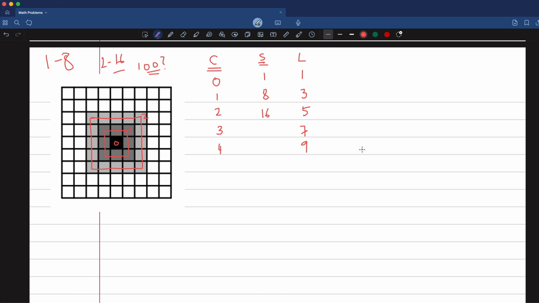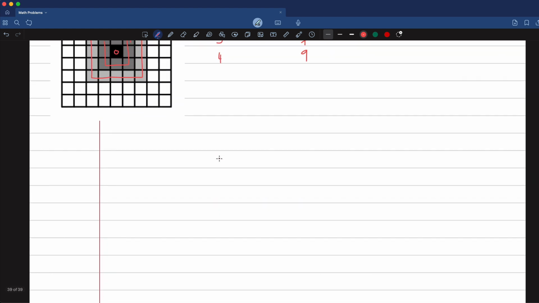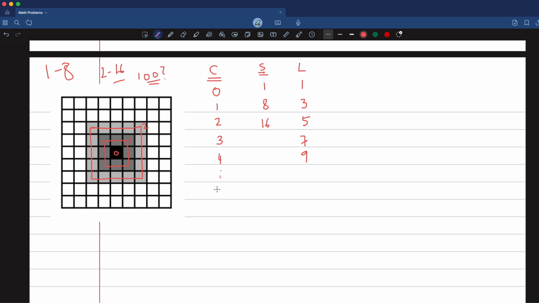Now the question is, if I keep going in this direction, what about the 100th square? There should be a formula connecting it. You can think about it as 100, or you can think about it in the abstract n. If I have to go to the nth circle, what would be the length of that nth square? If you see this, you realize that the difference between them is always 2.